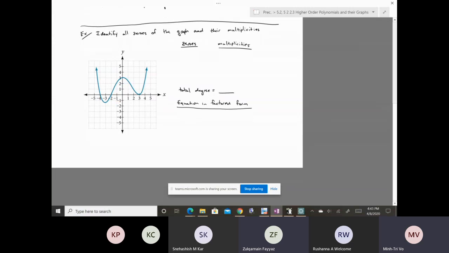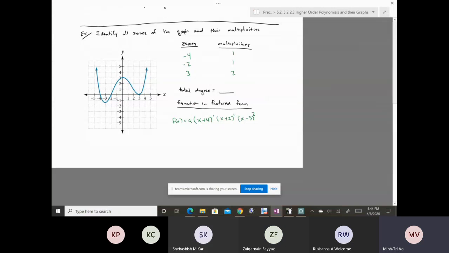So what were the zeros? It was -4, -2, and 3, and then the multiplicities were 1, 1, 2. When you write it out, it's x plus 4 to the first power, x plus 2 to the first power, and x minus 3 to the second power, and then there would be a coefficient there.